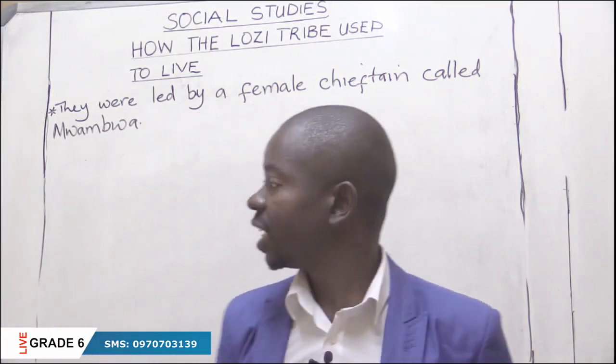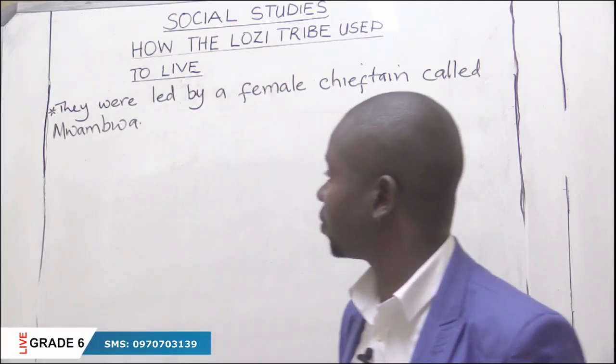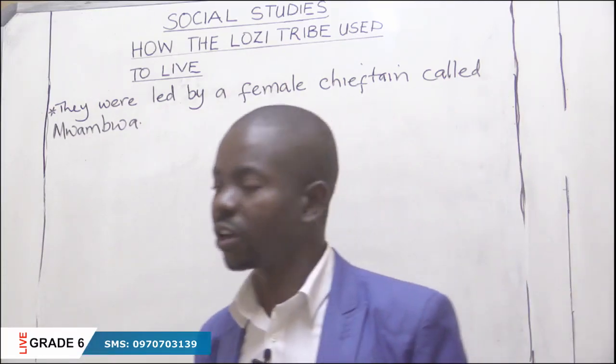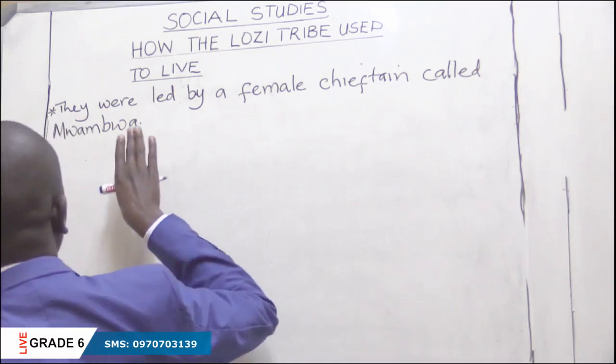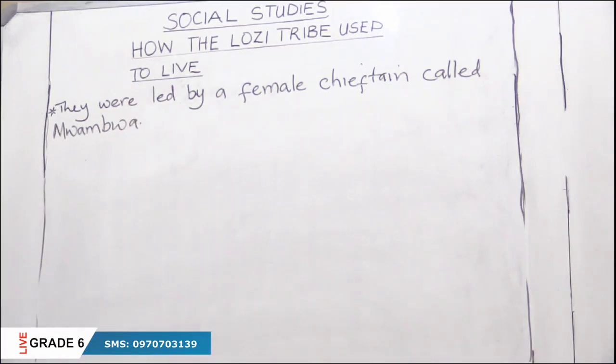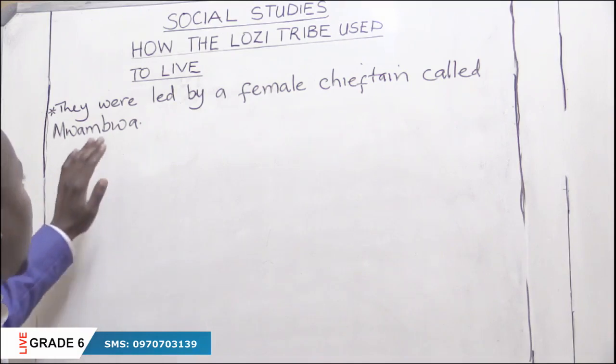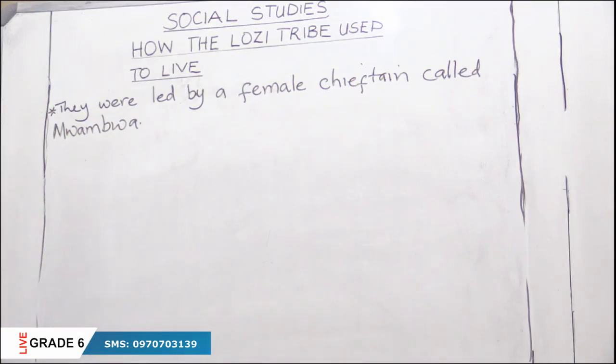It is believed that this female chieftain also had a daughter known as Mbuyawa Mwambwa.